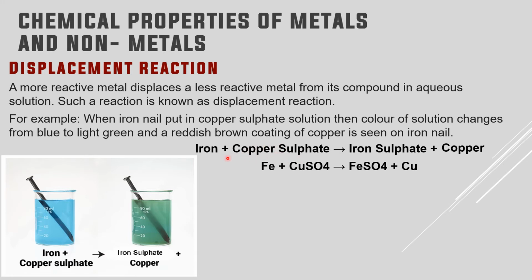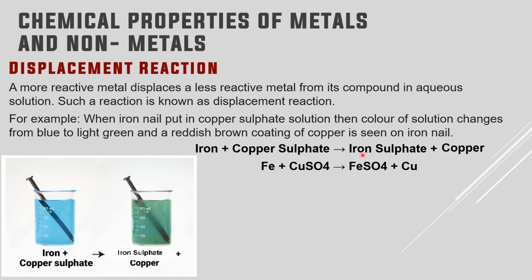Iron is also a metal and copper is also a metal, and iron is stronger than copper on the basis of reactivity. So what does iron do? Iron takes this copper out, and iron comes to this place.